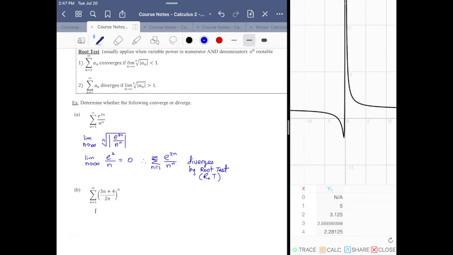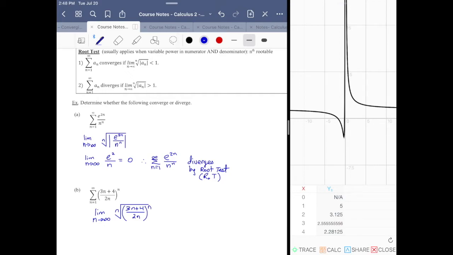So, second one, limit as n approaches infinity of the nth root of 3 to the n plus 4 to the nth over 2n. Oh, sorry, I wrote it incorrectly. I was like, that's not nth rootable top and bottom.